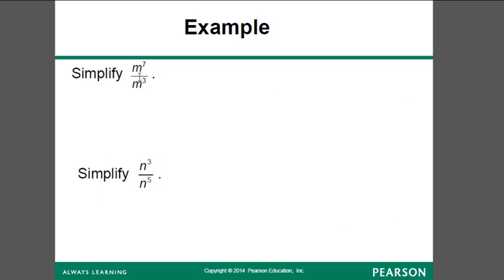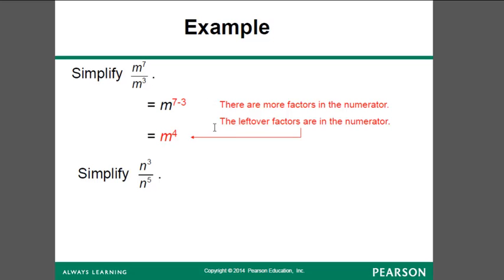If I have m to the 7th divided by m to the 3rd, I'm going to subtract their exponents. Notice that the larger exponent is in the numerator. Therefore, I leave my leftovers in the numerator.